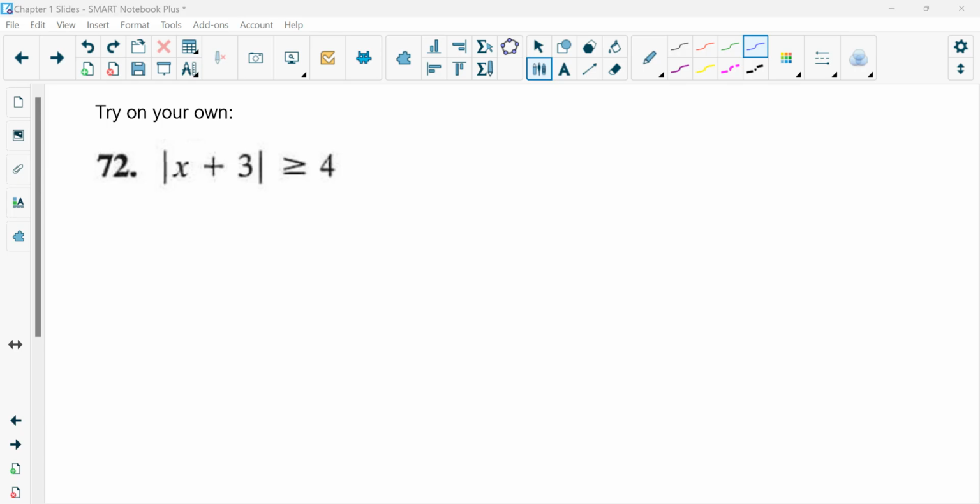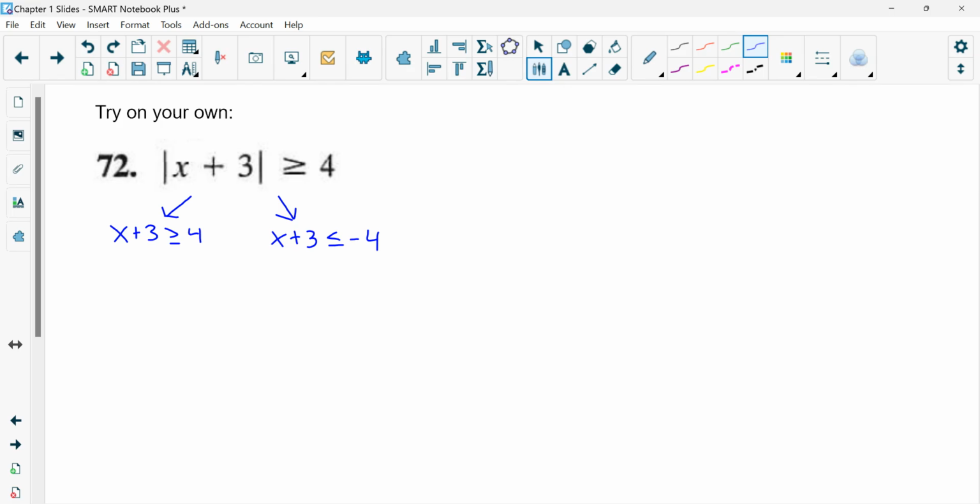All right, so again, our absolute value is already isolated, so that's done for us. So we can go ahead and write two inequalities. First one's x plus 3 is greater than or equal to 4. Second one would be x plus 3 is less than or equal to -4.